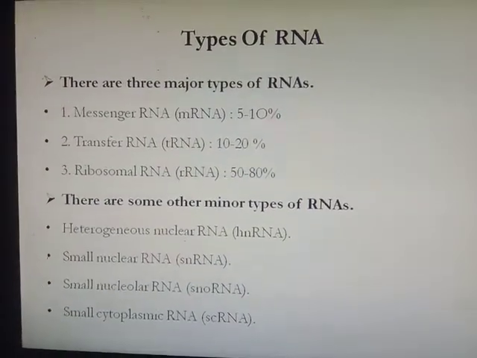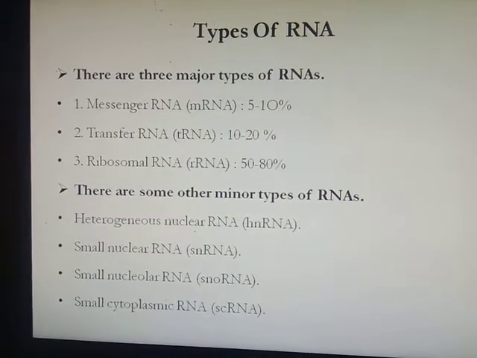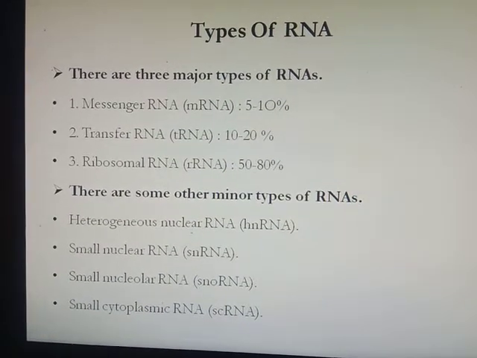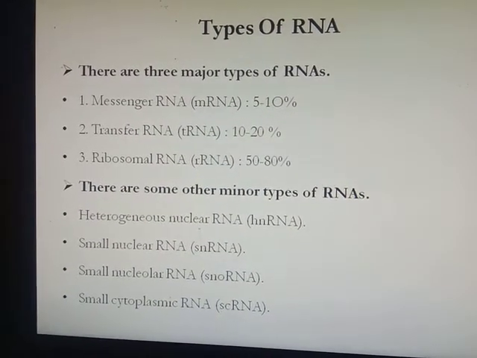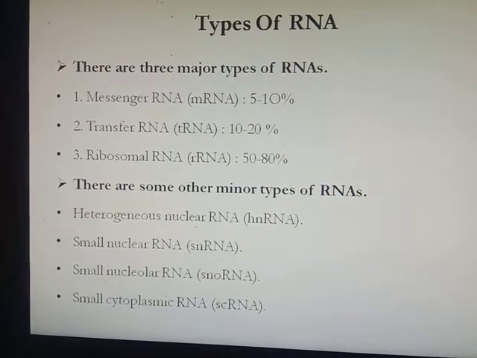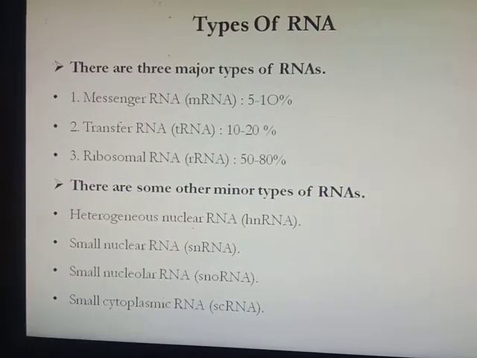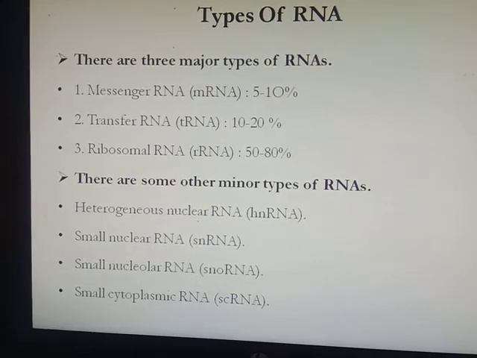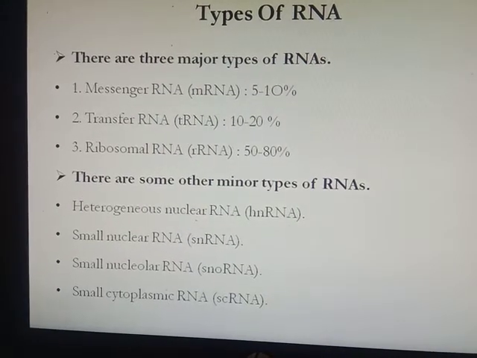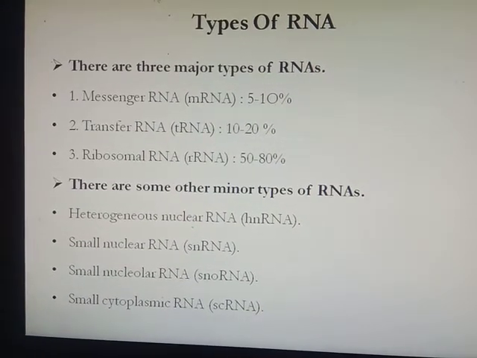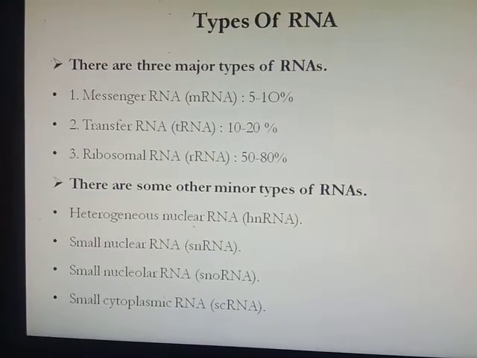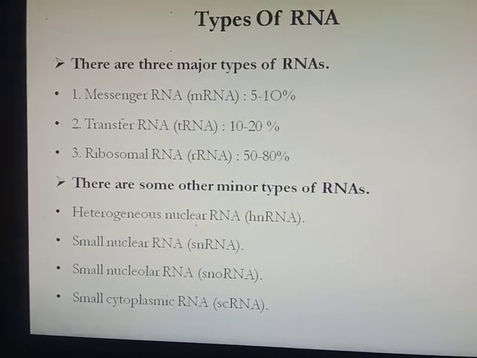Then types of RNA. There are two types of RNA: first is major RNA and second is minor RNA. In major RNA, there are three types of RNA. First is messenger RNA, also called mRNA, which is 5 to 10% of total RNA.